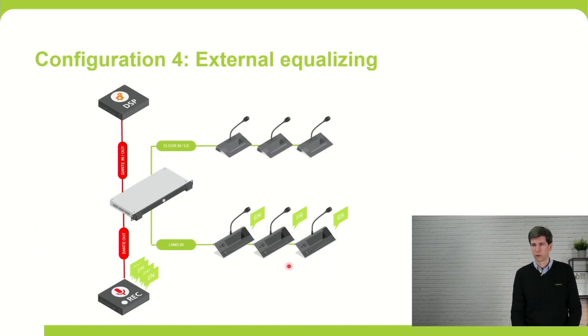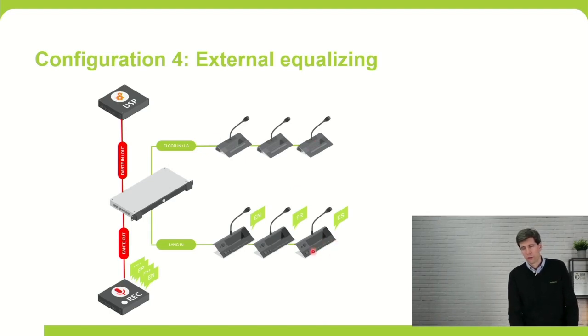Now let's go to the fourth configuration, which is called external equalizing. That's also known. If you want to have the floor, so the combined set of microphones here, processed externally through a DSP, you put the floor out on a Dante channel, send it to a DSP, do the processing externally, some equalizing for example, send it back here, and then it's put on the speakers of your microphone units again.